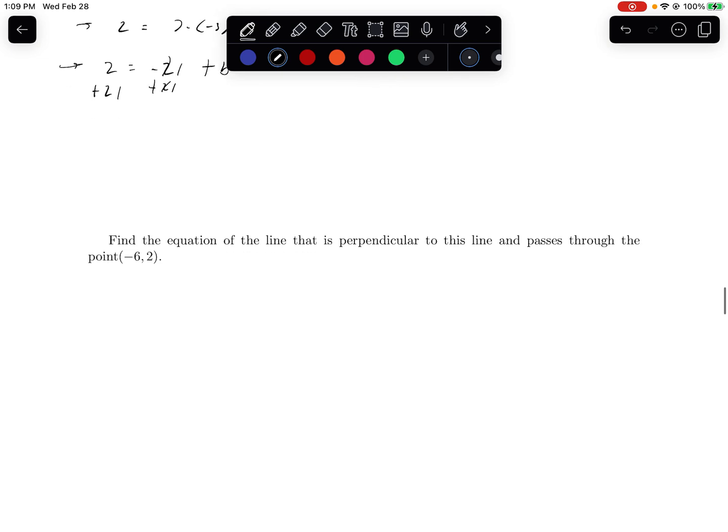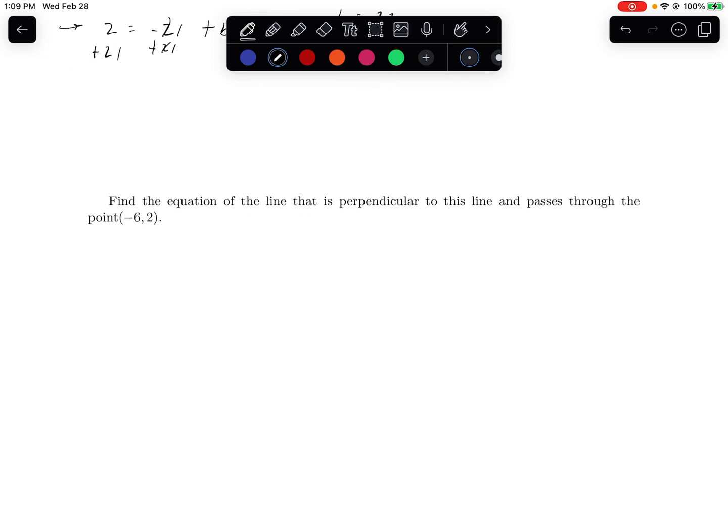How about the equation of a line which is perpendicular to this line and passes through the point (-6, 2)? If we have an original slope of a over b, the perpendicular slope is going to be negative b over a.